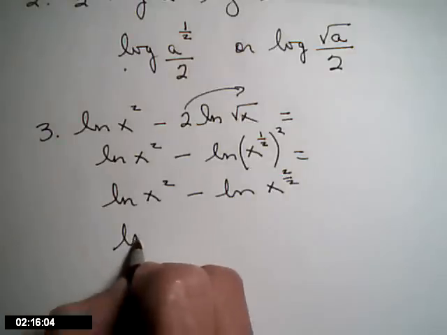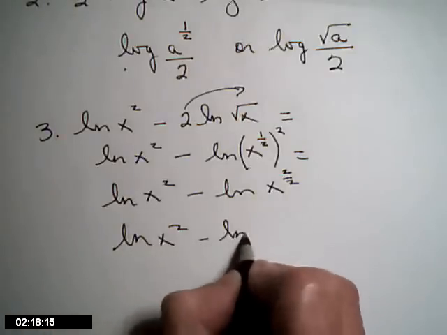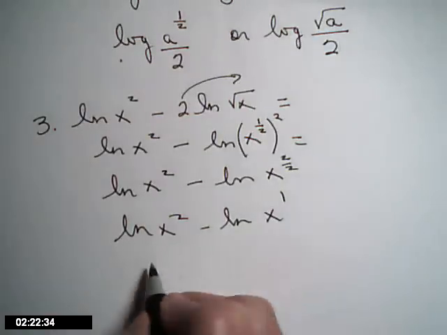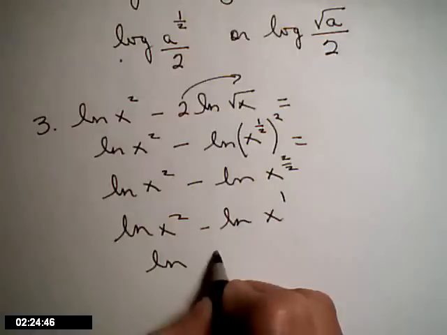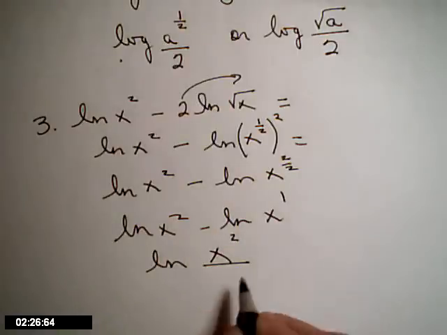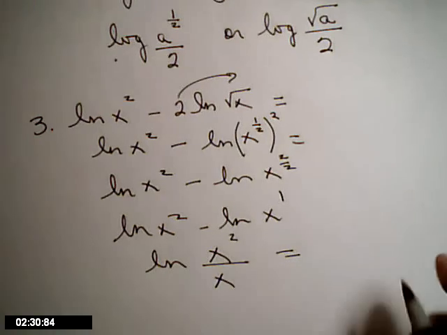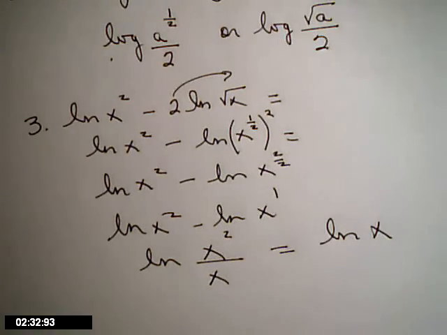Alright, now reduce one more time. 2 over 2 is the same as 1, x to the first. Alright, now let's write this as one log. We have x squared, minus means division, over x. So that's going to simplify down to be natural log x after all of that.